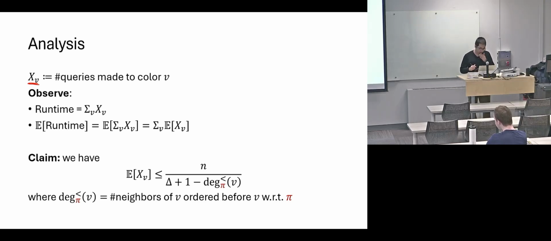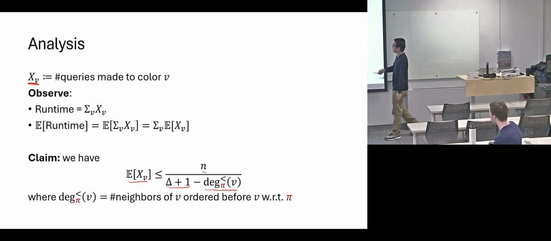The claim is that the expected time that we spend on V is going to be something like n over delta plus 1 minus this thing.